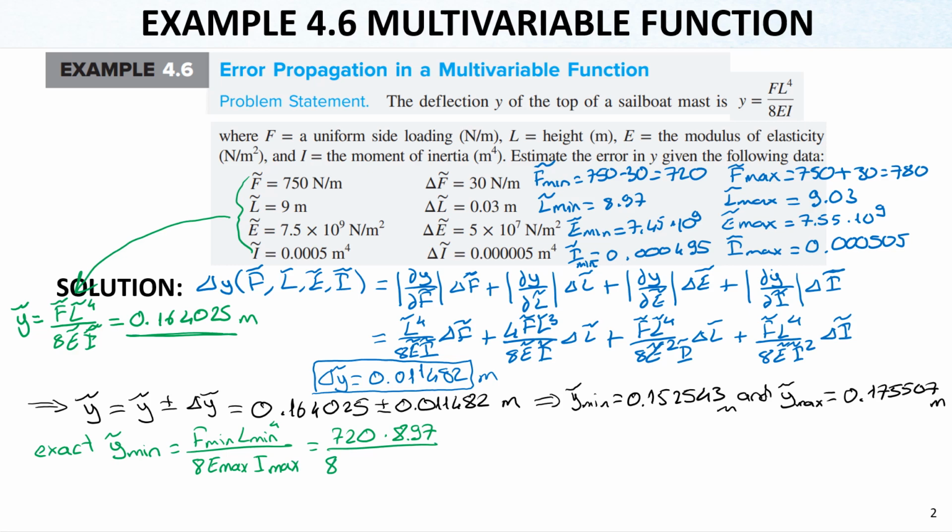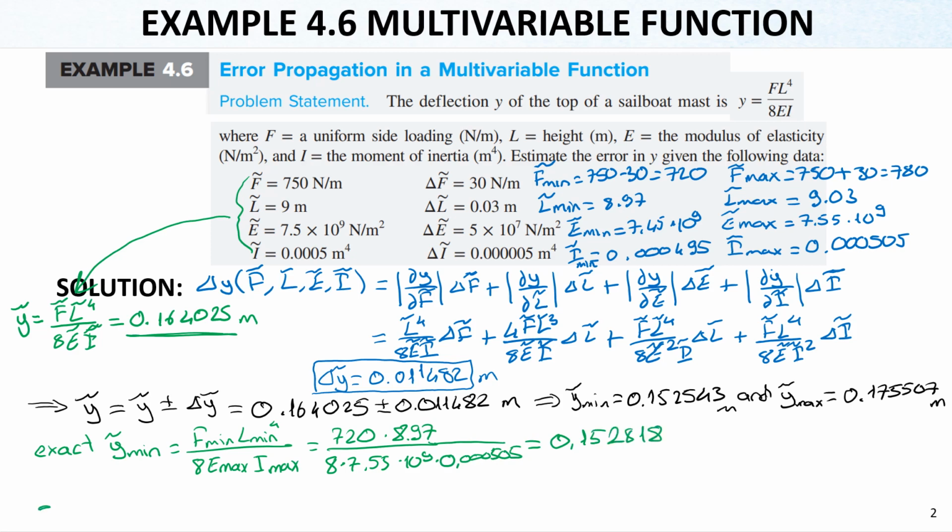8 times E max is 7.55 times 10 to the power 9, and I max is 0.000505, and the result from here is 0.1528.